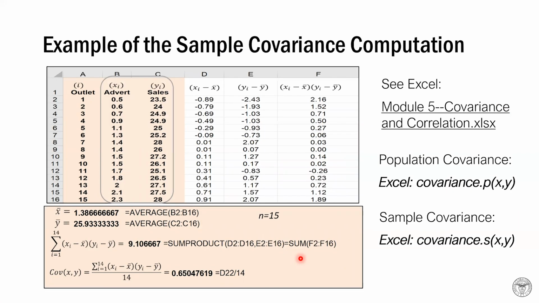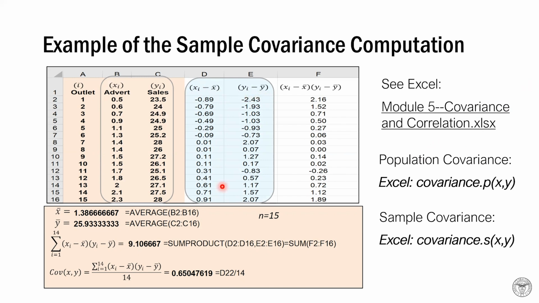Here, we demonstrate how to calculate the sample covariance in Excel. We first talk about the version without using the software algorithm. In this case, we have two variables, advertising and sales. We first compute the average of these two variables, x bar and y bar. Then we compute the values of x sub i minus x bar and y sub i minus y bar.